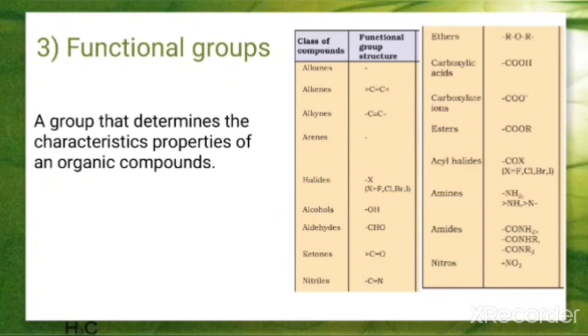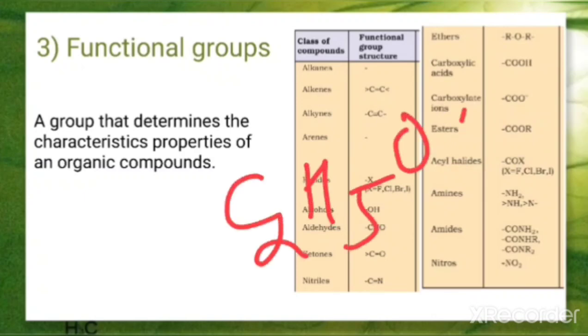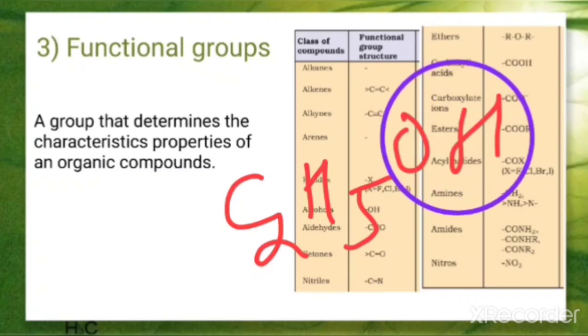So for any example, the group in the organic compound which determines what it actually is, is called the functional group. For example, take C2H5OH, that is an alcohol. Why is it called an alcohol? Because here there is a functional group, OH. OH is the functional group here. So this determines that this compound is an alcoholic compound.